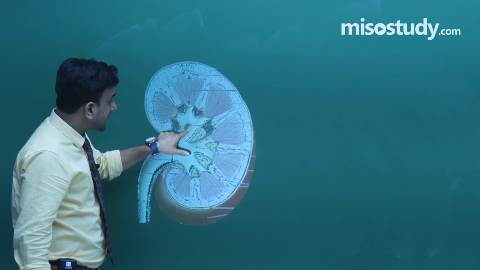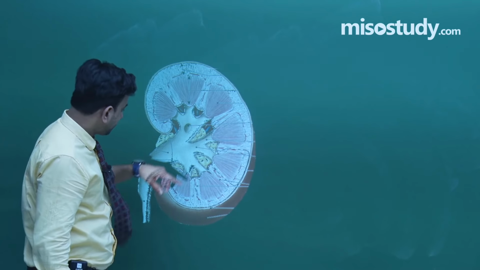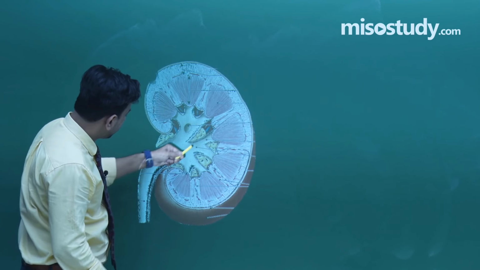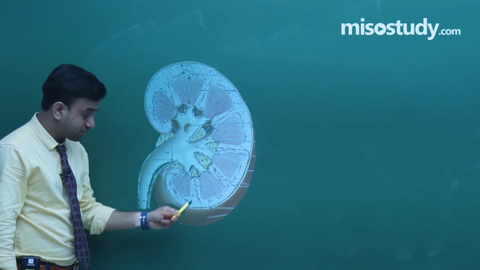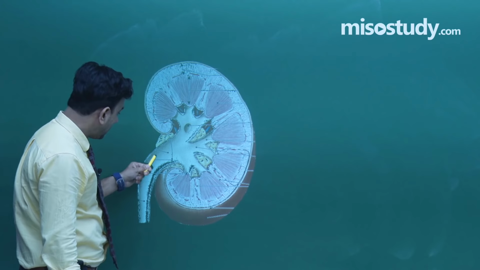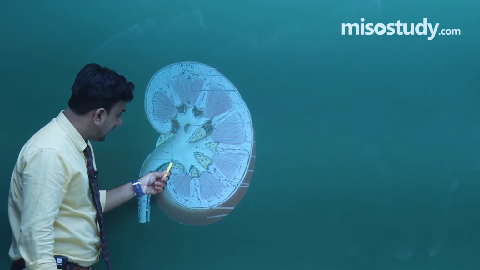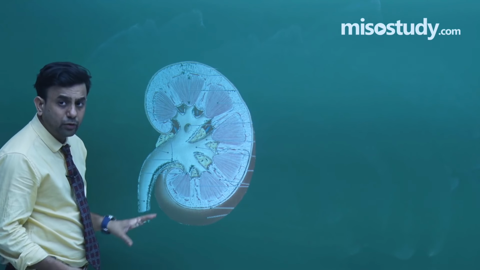Now this is the connection to the minor calyces, right? This is the minor calyx, this is the major calyx. Then this is the renal column of Bertini, that is the projection of the renal cortex into the renal medulla. And we see this is the hilum part, the concavity part where the ureter, the renal artery and the renal vein are entering.